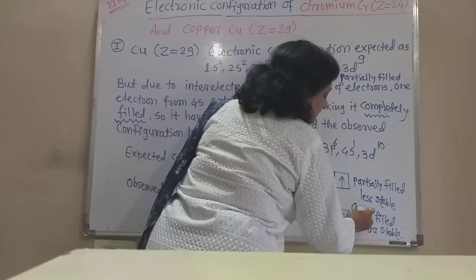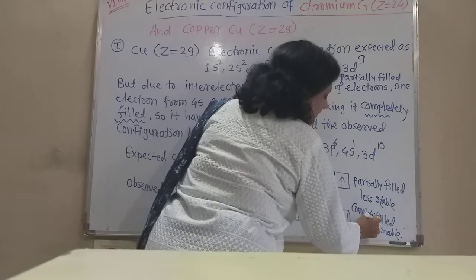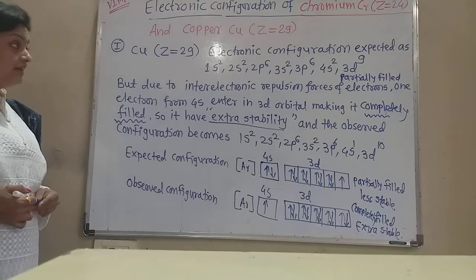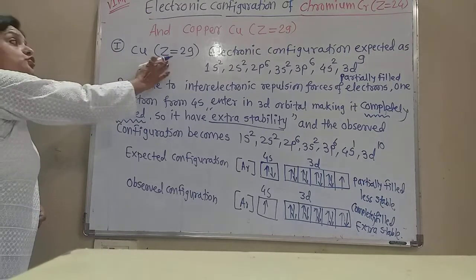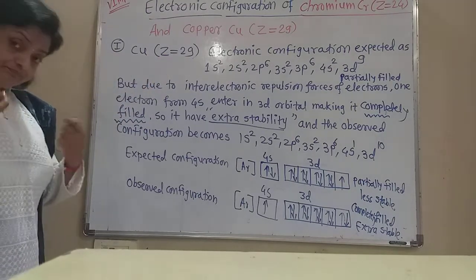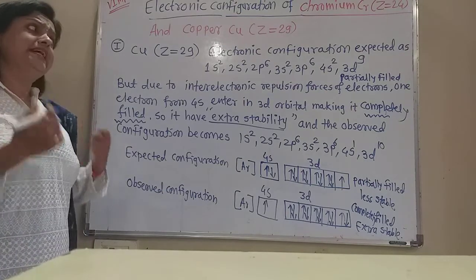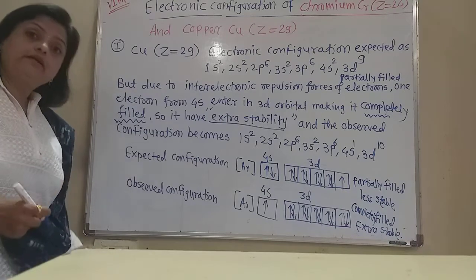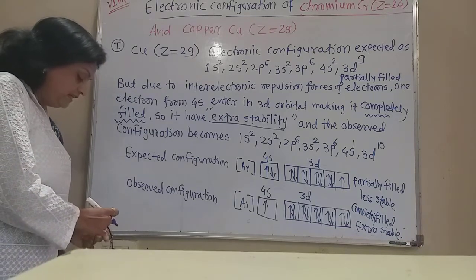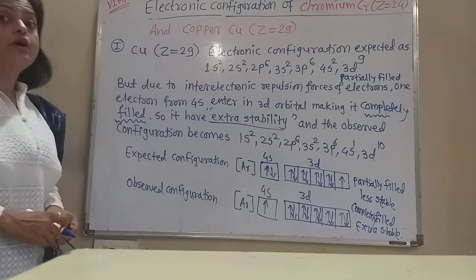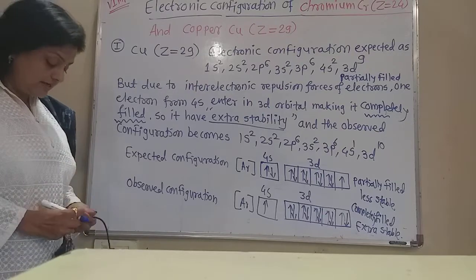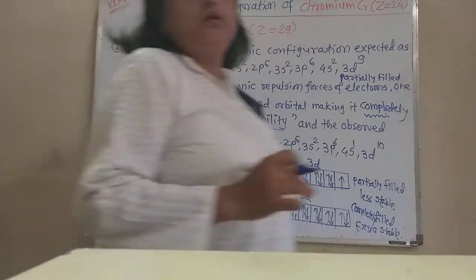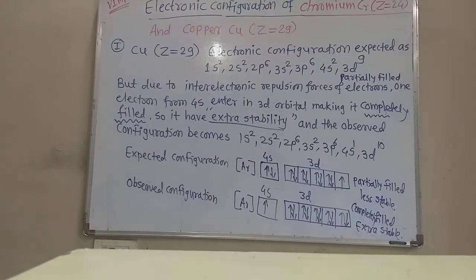This completely filled orbital has extra stability, and in this way copper also shows an abnormal electronic configuration compared to the expected one. Both these elements have somewhat different configurations than expected. So remember that. See on the blackboard.